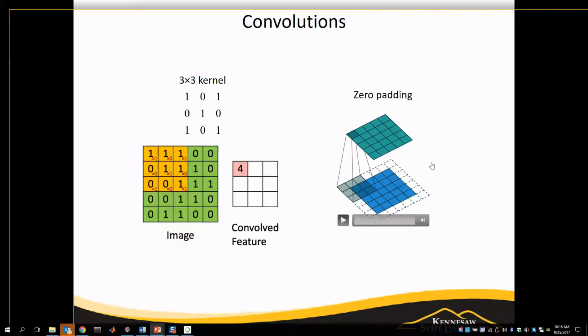All the dotted positions are an enlarged image where you put values of zeros. The amount you need to pad depends on the size of the kernel. If you have a 3 by 3 kernel, you add one row and column of zeros around the edges. If you have a 5 by 5 kernel, you need to add 2 rows and columns of zeros around the image to pad it.